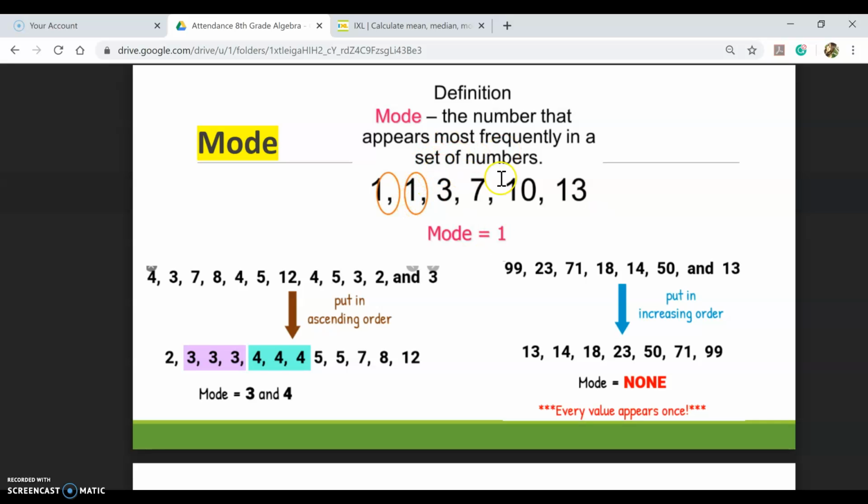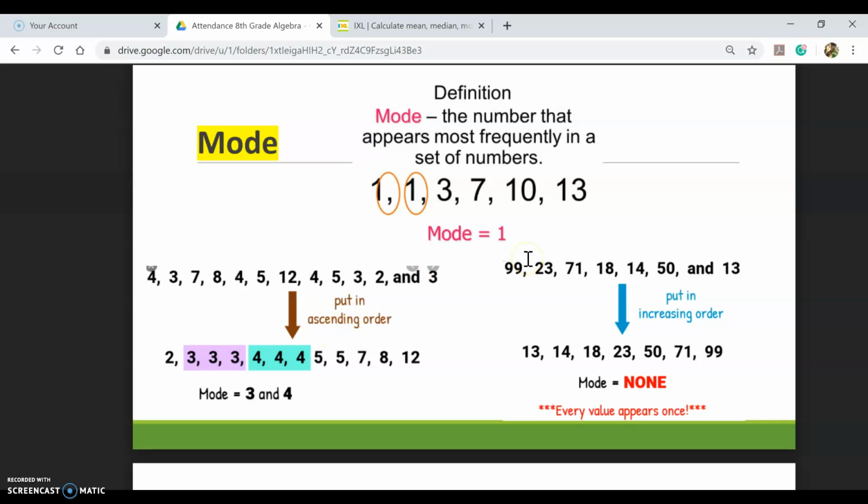Like in this case, the one that repeats the most is 1, so the mode is 1. Case 2 is if you have two numbers as a mode. Let's say you put them in order and then you count which one appears most frequently, and the ones that appear more frequently are these two numbers, the 3 and the 4. So then you would have two numbers as the mode of that sequence of numbers.